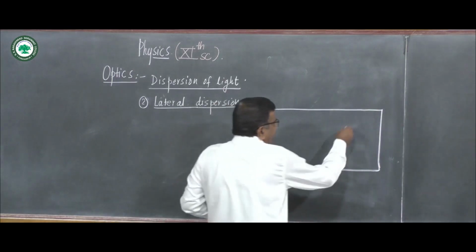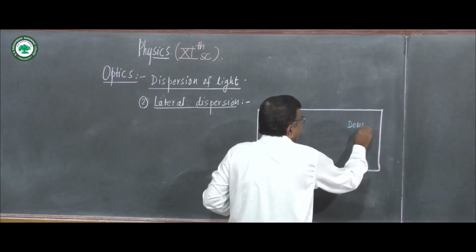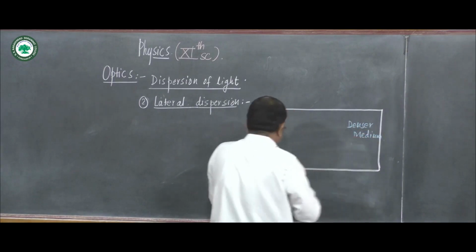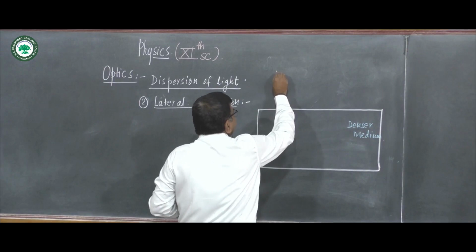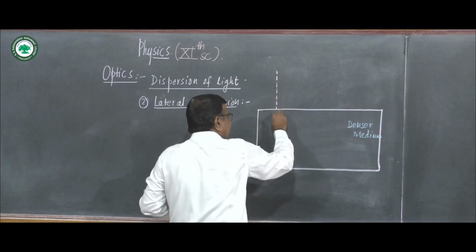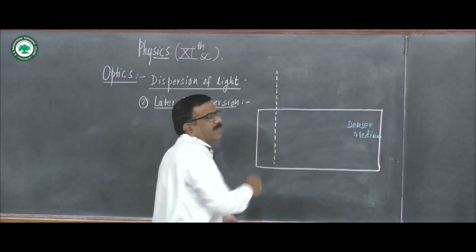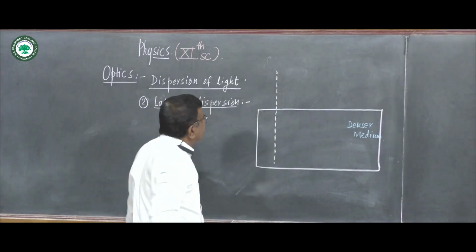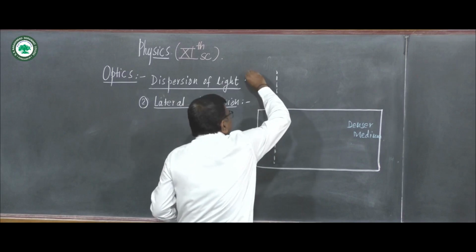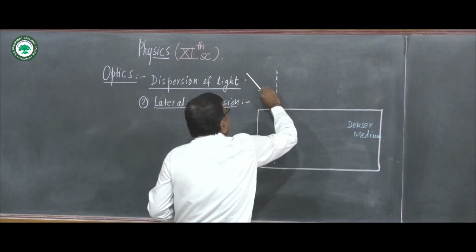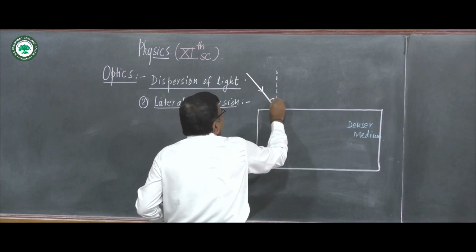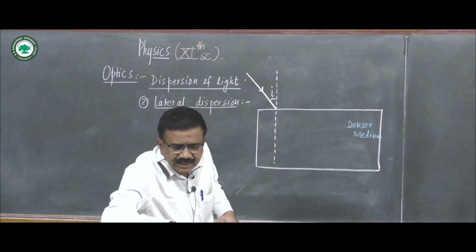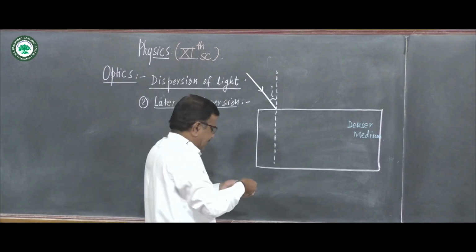This is the transparent material. We call it a denser medium. Again, suppose this is the normal, that is the perpendicular to the surface, and if white light is incident here, obliquely incident, this polychromatic light, or white light, is then dispersed.